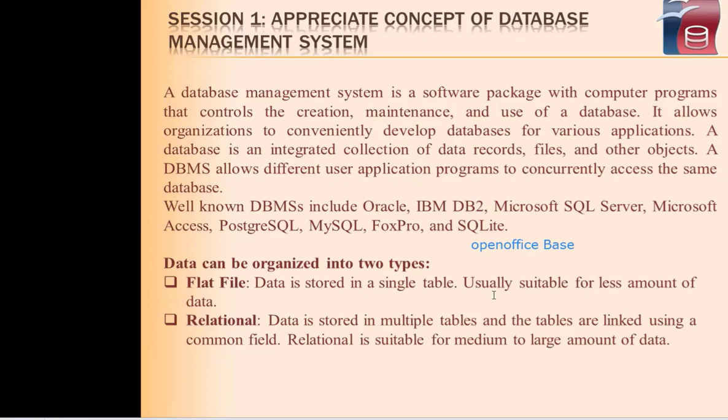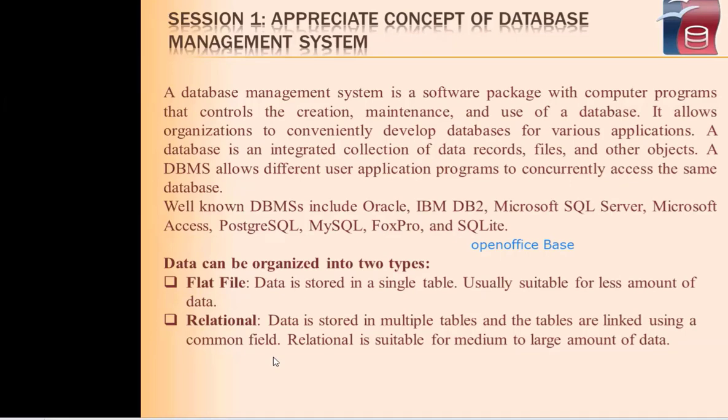So we came up with the concept of the relational database management system. So in a relational database management system, we started thinking about more than one table. So the data got stored in multiple tables, and these tables were linked with each other. Say, for example, I'm talking about the school. Then we have one table of students and another table of teachers.